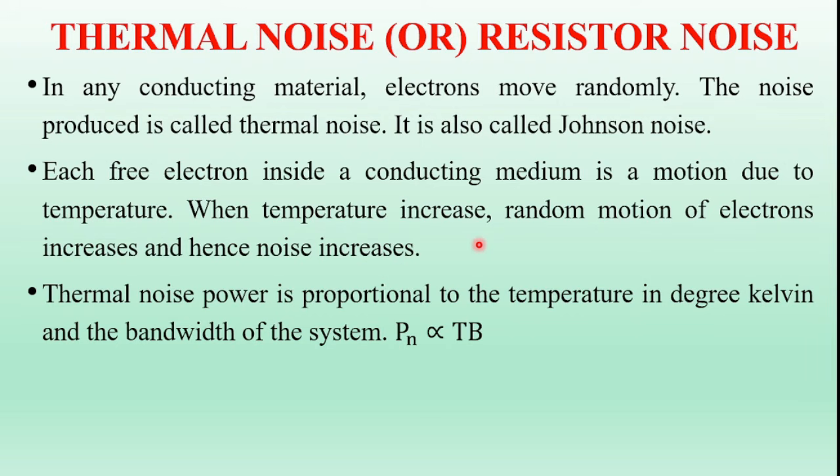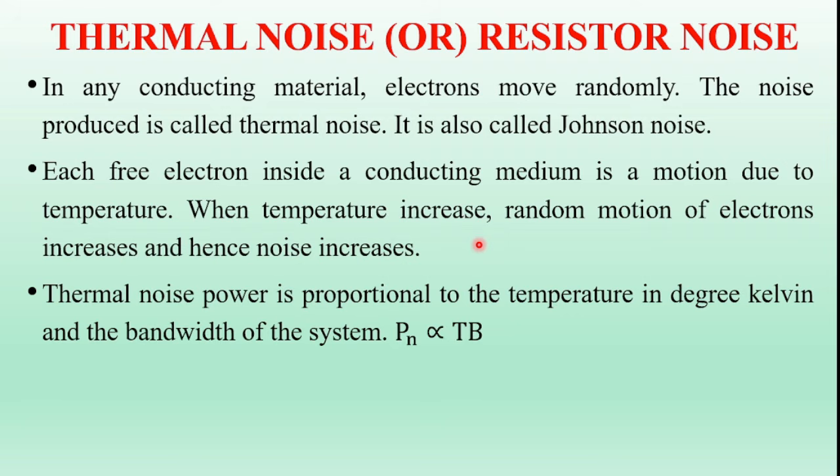The analysis of thermal noise is based on kinetic energy, which shows that the temperature of a particle is a way of expressing its kinetic energy. So the noise power generated in a region is proportional to its absolute temperature and the bandwidth over which noise is measured.